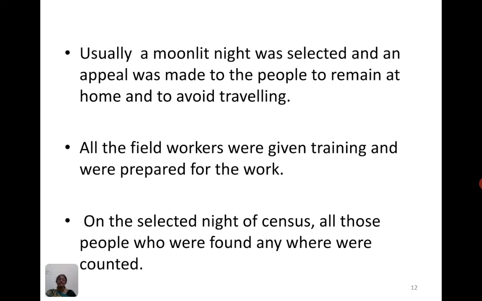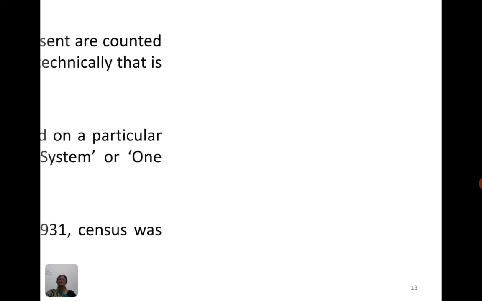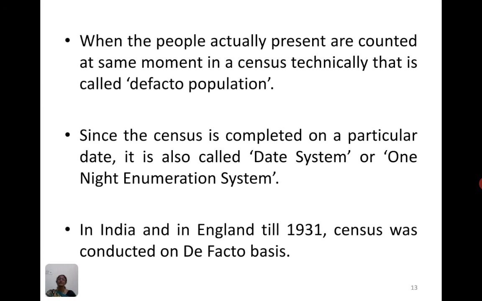On the selected night of census, all those people who were found anywhere were counted. When the people actually present are counted at same moment in a census, technically that is called de facto population. Since the census is completed on a particular date, it is also called date system or one night enumeration system. And de facto method was adopted in India and in England till 1930.